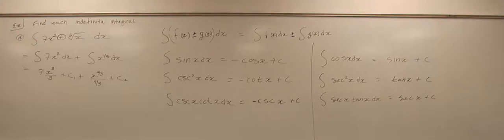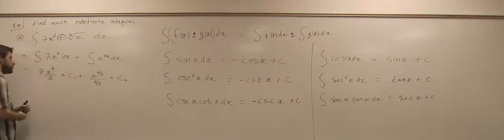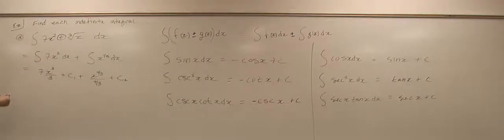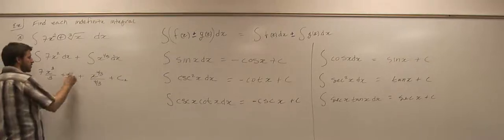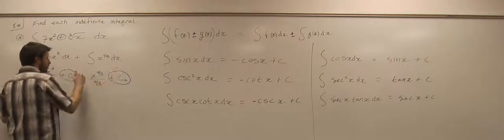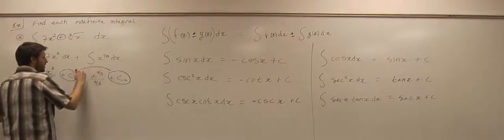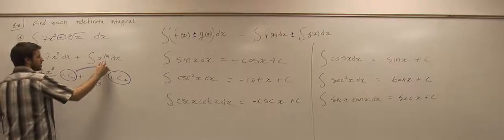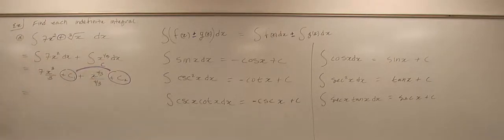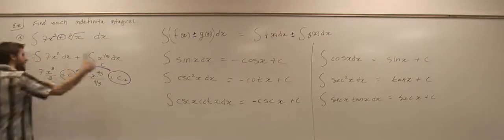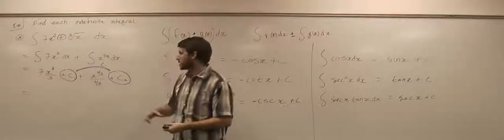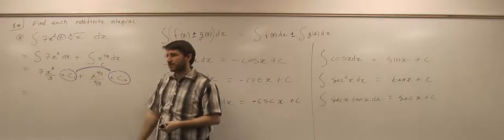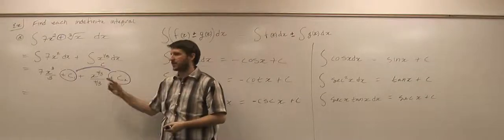Technically, that's the way I did it. One thing you want to get used to in integration is when you do two integrals and you add them, these two constants usually are rewritten as a new constant, because C1 plus C2 is just another constant, so we'll call it C. Even if you have 10 integrals added together, you're just going to end up with one constant at the end, which represents what you would get if you added all these together.